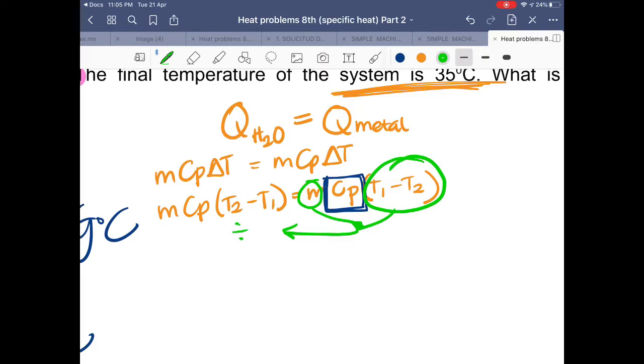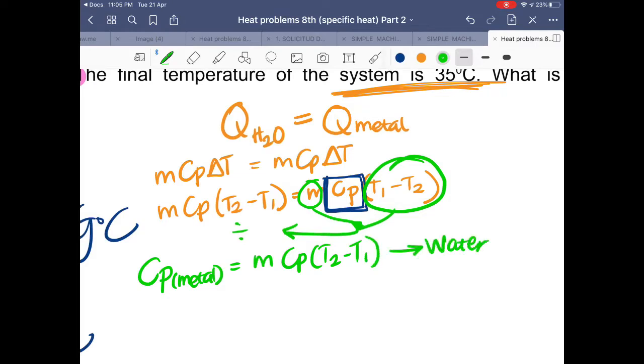So your formula will be the specific heat of the metal will be mass times specific heat times temperature 2 minus temperature 1 of water, divided by mass times temperature 1 minus temperature 2.